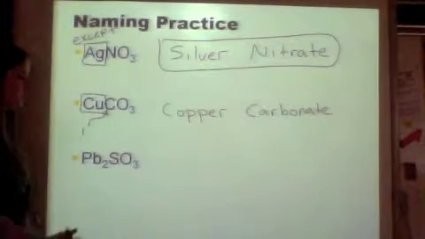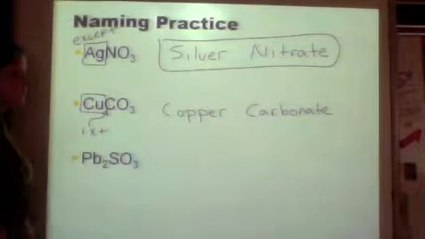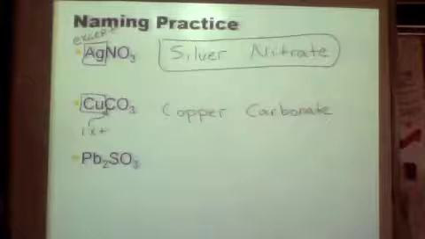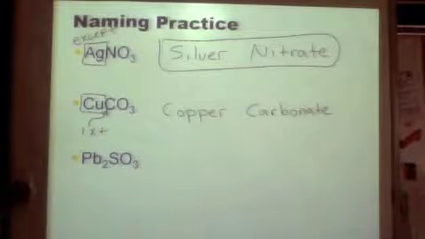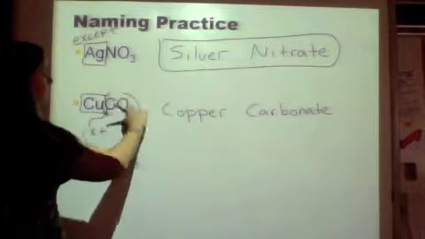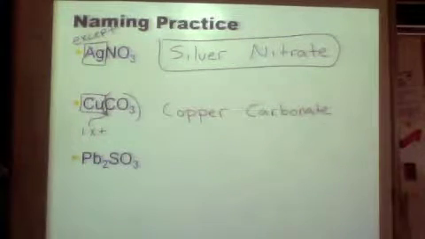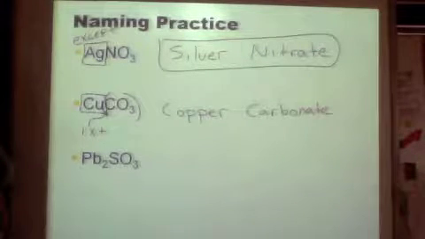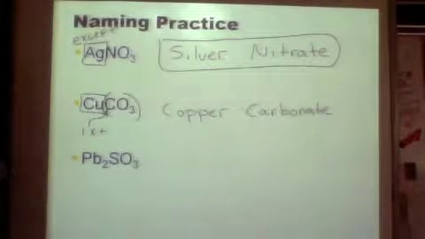There's no number there, so 1 times x plus, this is where people get it wrong. We have a polyatomic. Good hint here. Whenever you have a polyatomic and there's no parentheses there and you're trying to find the Roman numeral, put the parentheses. Do not touch or look at anything inside those parentheses to determine the Roman numeral.